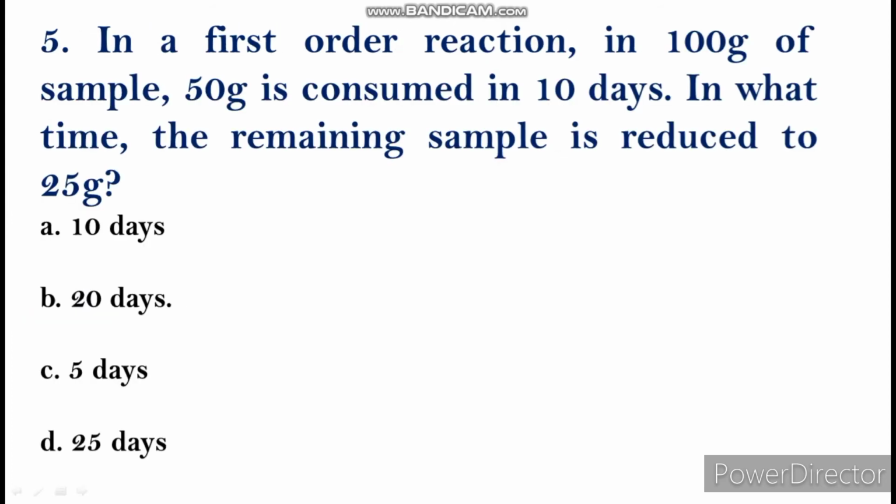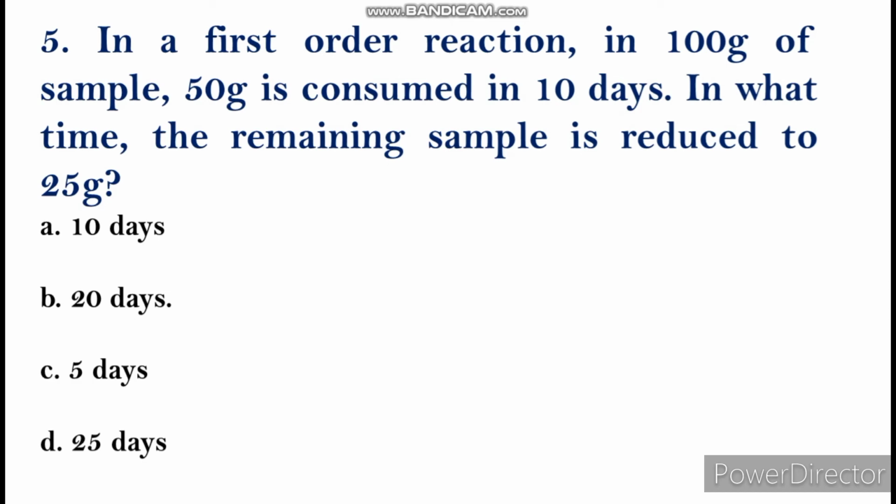In a first order reaction, 100 gram of sample, 50 gram is consumed in 10 days. In what time is the remaining sample reduced to 25 gram? Remember one thing: in a first order reaction, what is meant by half-life?